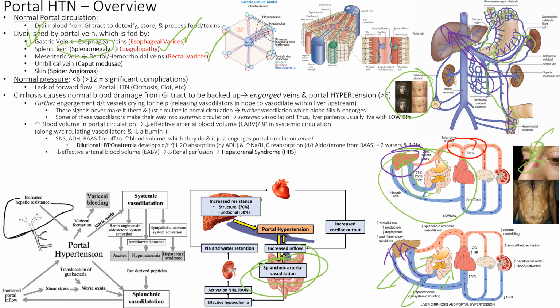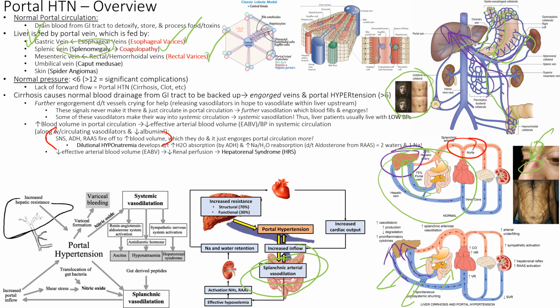Causes the SNS and ADH and RAS to fire off. And with all of those firing off, because the blood volume is poor, they're trying to fix the problem by increasing volume. And little do they know, the volume will get increased, but it's all going to go to the place where the vasodilators are, which is the portal circulation. So all that fluid just backs up into the portal circulation, and the veins get even more engorged.